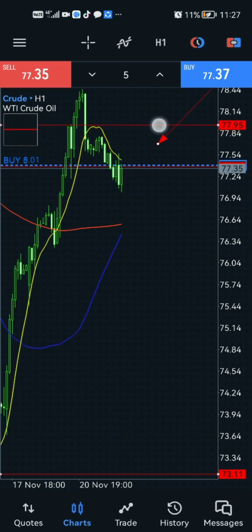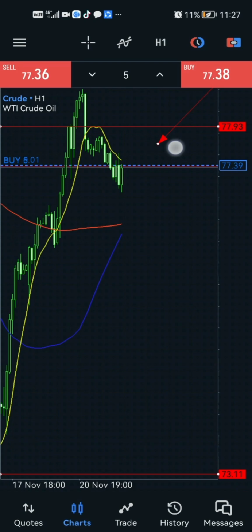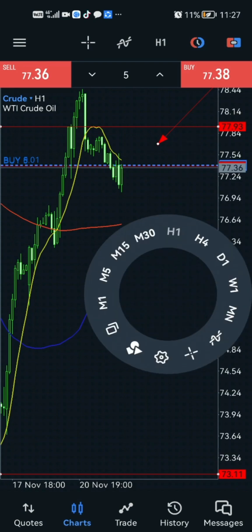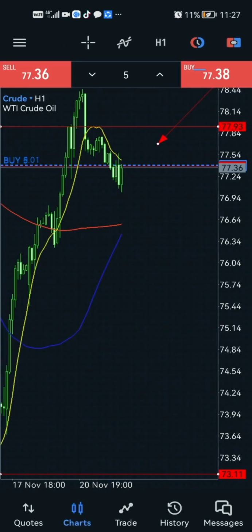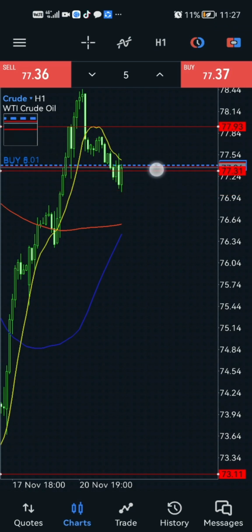Up to where? Up to, let's see, the previous big resistance. Let me delete this one. Let's look at the market above, about there. So it touched and came down, but now it's going up, so it's going to go up above that.